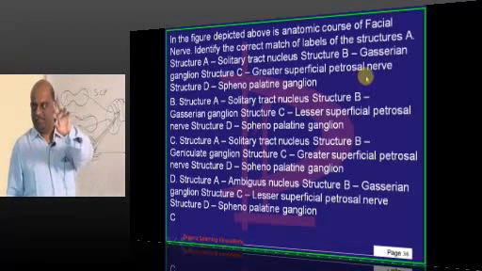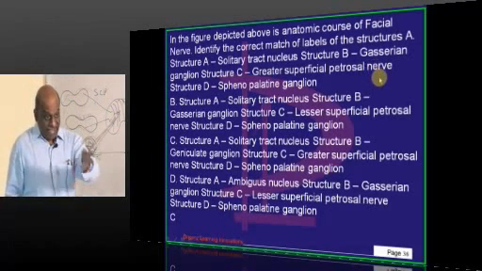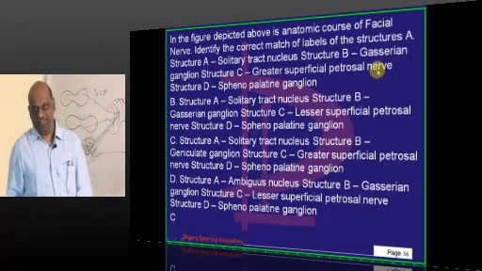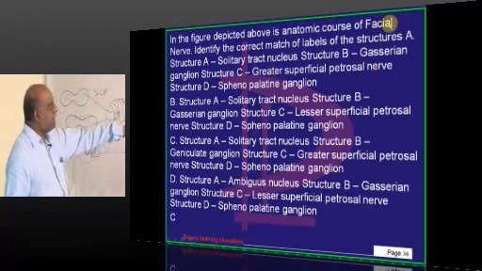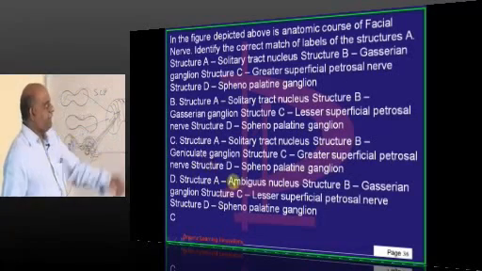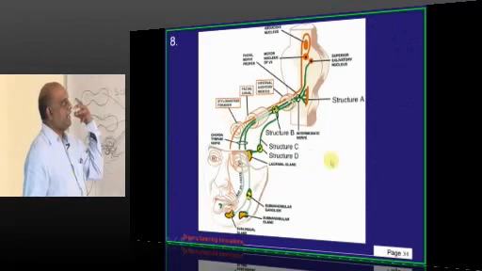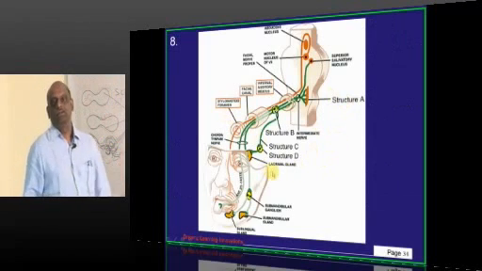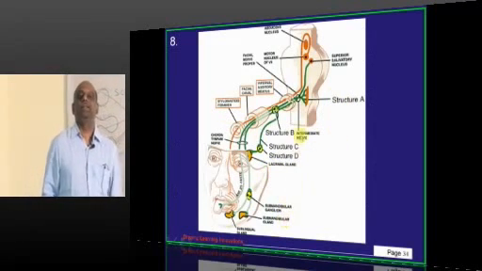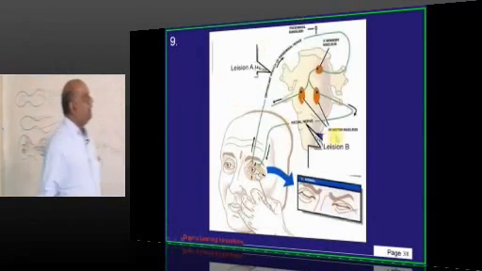Nucleus N is 9th, solitarius S is 7th, tractus is 10th. For 3 cranial nerves, it is a common sensory nucleus. The geniculate ganglion, greater superficial petrosal nerve, sphenopalatine ganglion, they are the various structures involved in the anatomical course of the facial nerve, is what you have to basically understand.